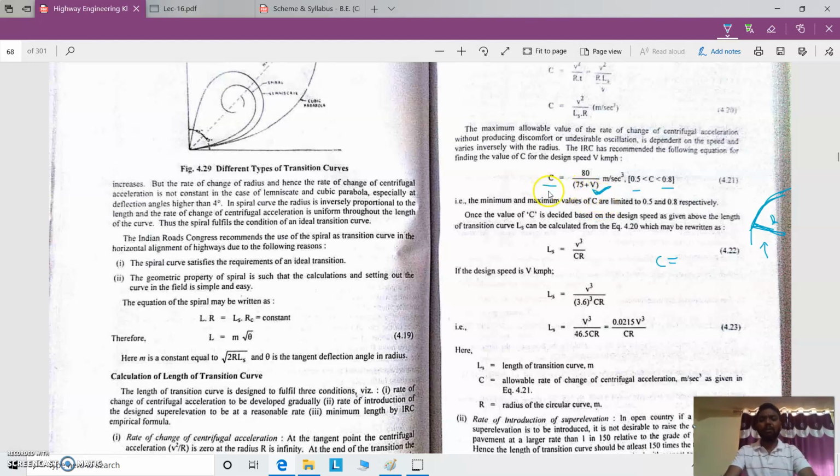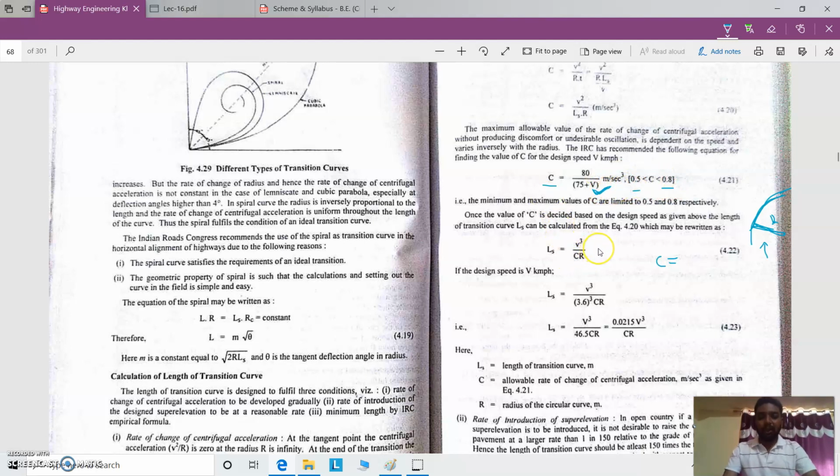To calculate the centrifugal acceleration, the speed must be in kilometer per hour, so C is 80 by 75 plus V, and the value will always be between 0.5 and 0.8. If it is not, you should reduce the speed.